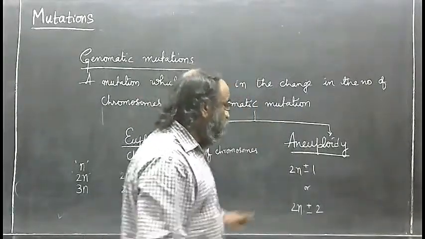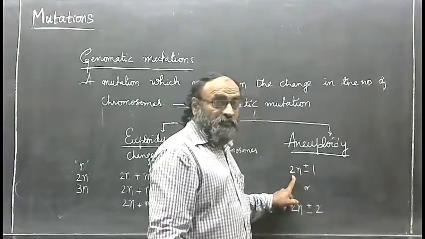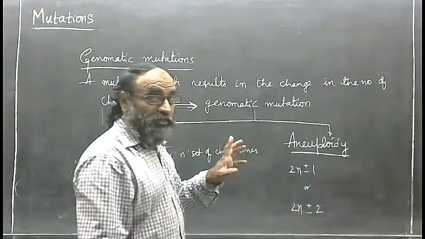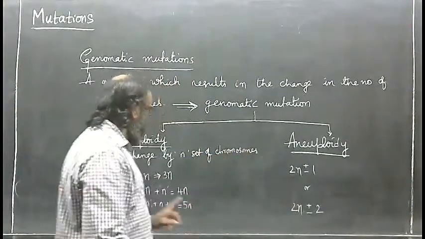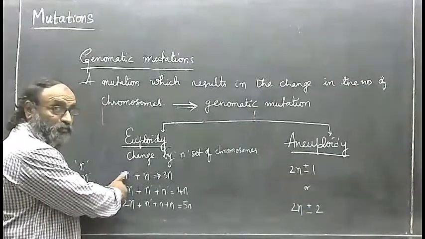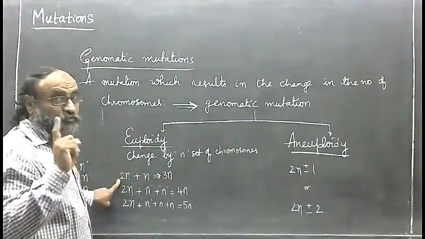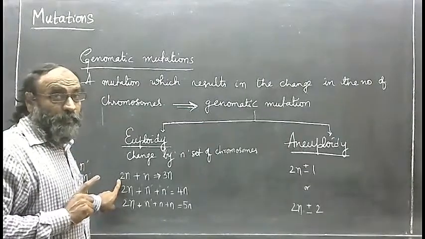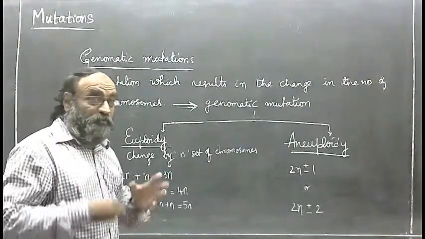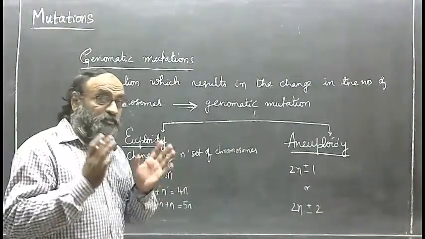It is a 2n set, that is the diploid condition. You try to remember, whether it is euploidy or aneuploidy, we are working over the diploid set of chromosomes.